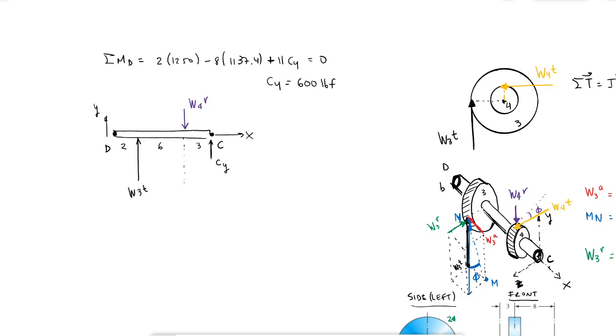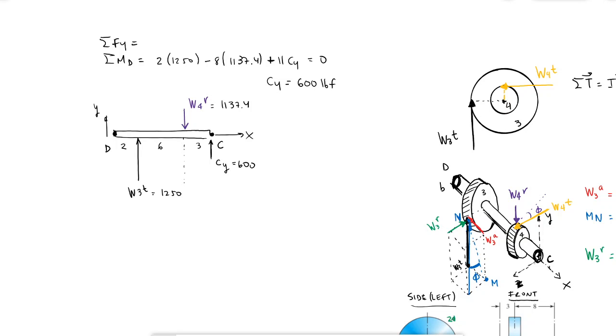And then if I do a sum of forces in the Y direction, I know that this is kind of 600, this is 1250, this is 1137.4. So just by looking at these values, I know that the reaction force at D should be negative.